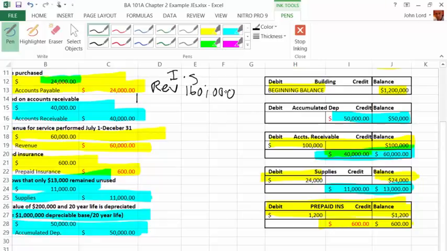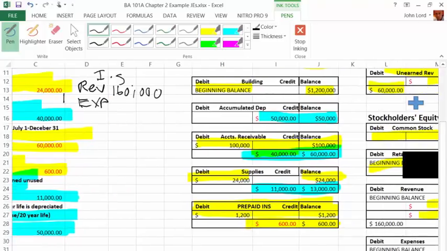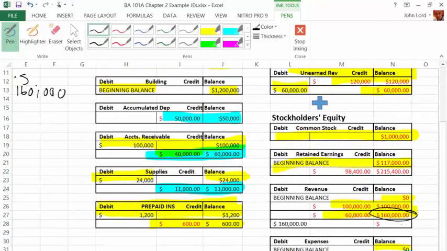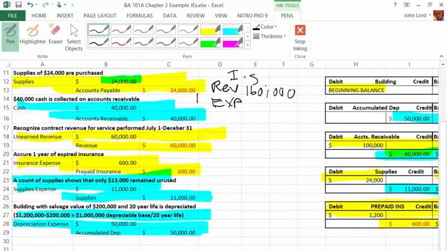Don't let me slow you down. She's not waiting for me. Expenses. And the expenses are what? Just picking them up from the ledgers. 61,600, right? Okay, good. 61,600.